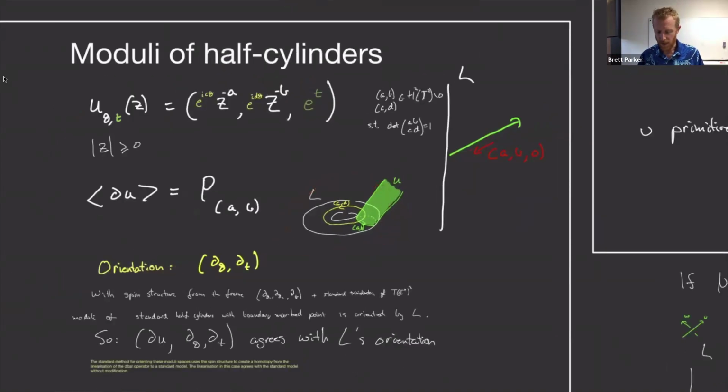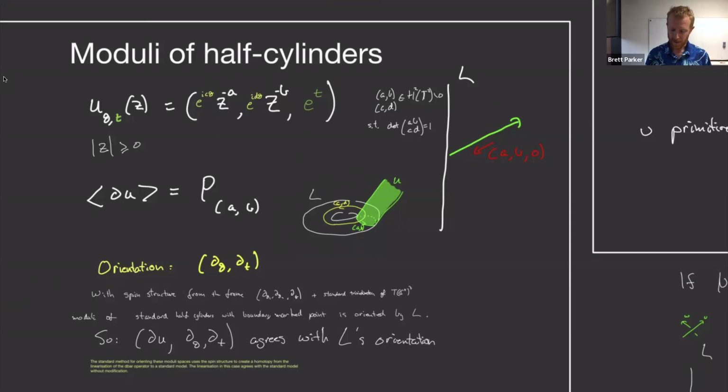I've just written down the rule for the orientation, but this simple rule tripped me up for a while. The simple rule is for the spin structure on this Lagrangian given by the obvious trivialization of the torus times the trivialization in the r direction.